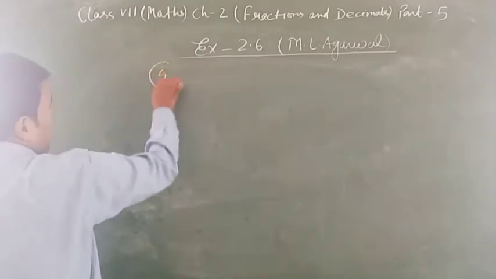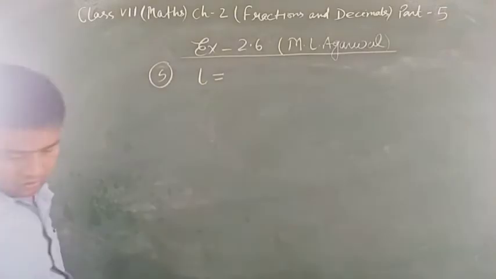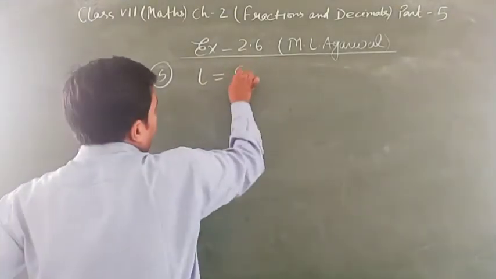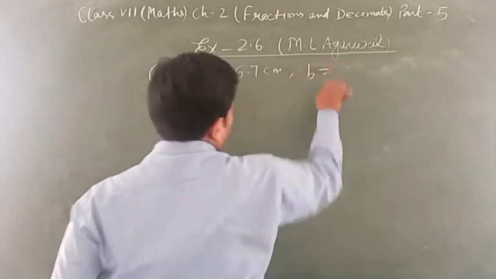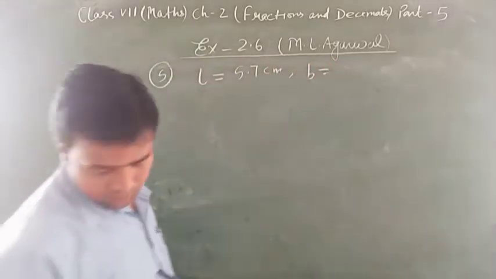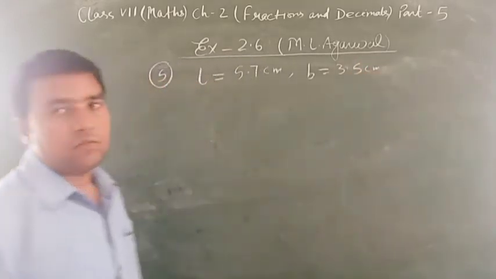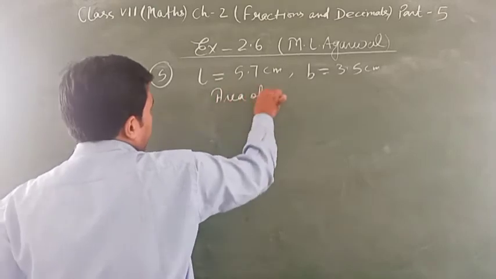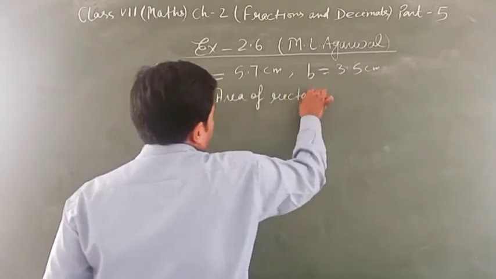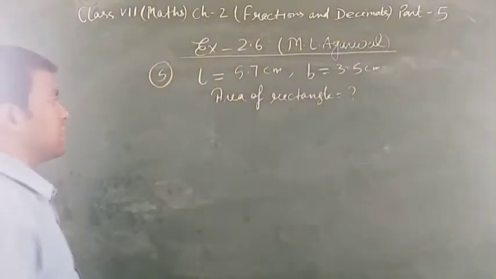Question 5, I told you. Length is 5.7 centimeter. Breadth is 3.5 centimeter. And the area of the rectangle.